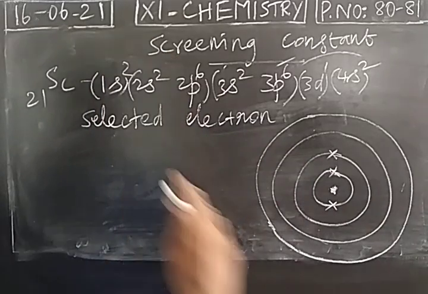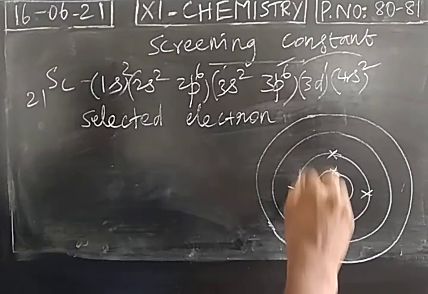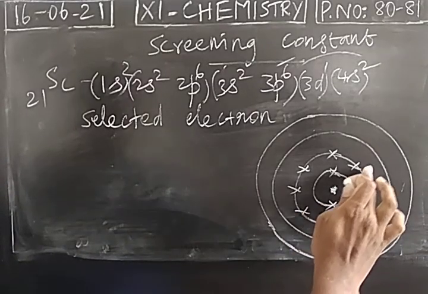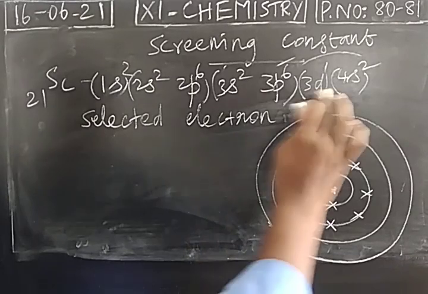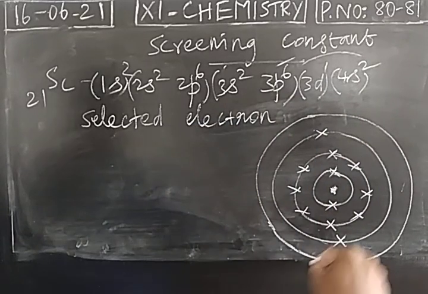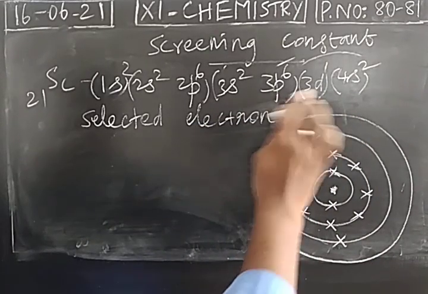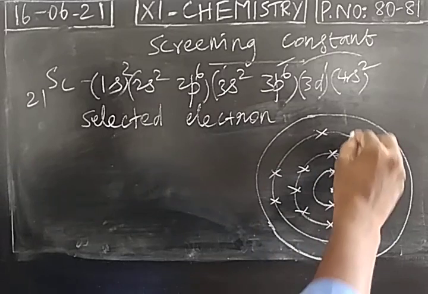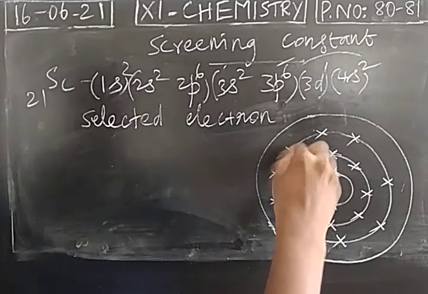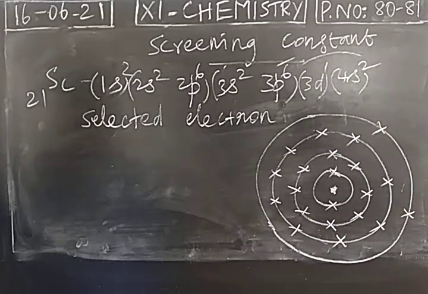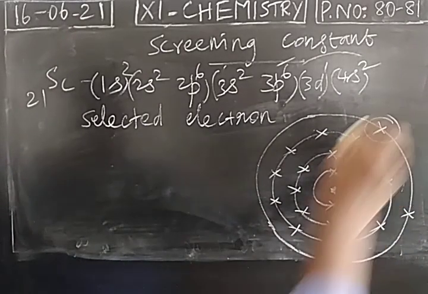First cell has 2 electrons, second cell has 8 electrons, then third cell totally 9 electrons, 2 electrons in s orbital, 6 electrons in p orbital, 1 electron in d orbital. Then 2 electrons present in the 4s orbital. So I am selecting this electron.